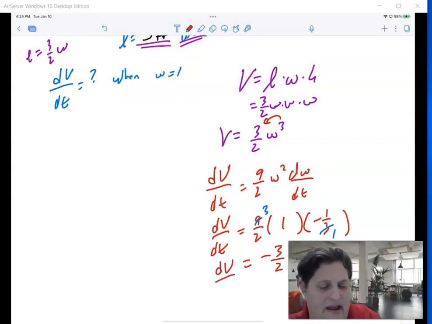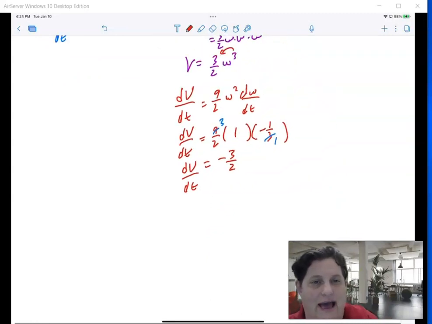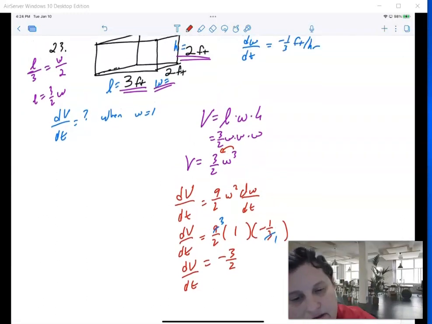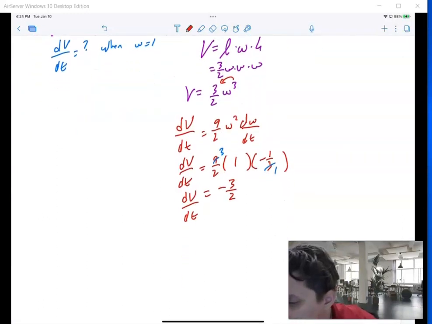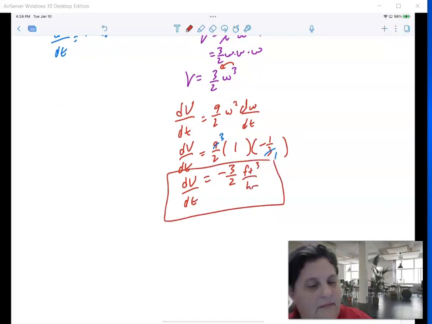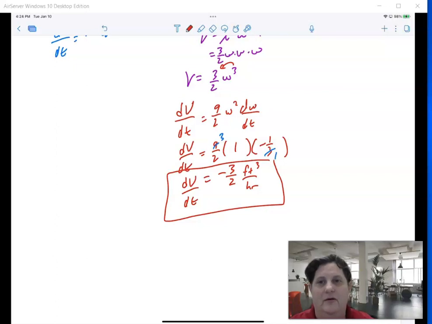Does that mean I have a negative volume? No, it means the volume is changing at a rate of negative 3 over 2 feet cubed per hour.